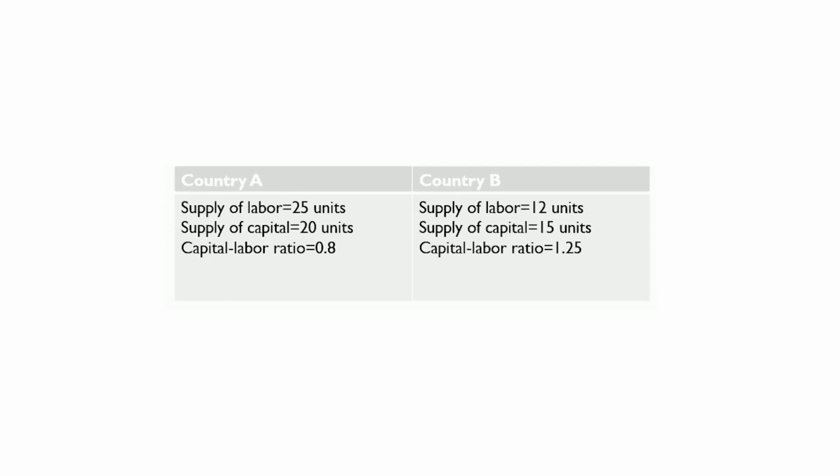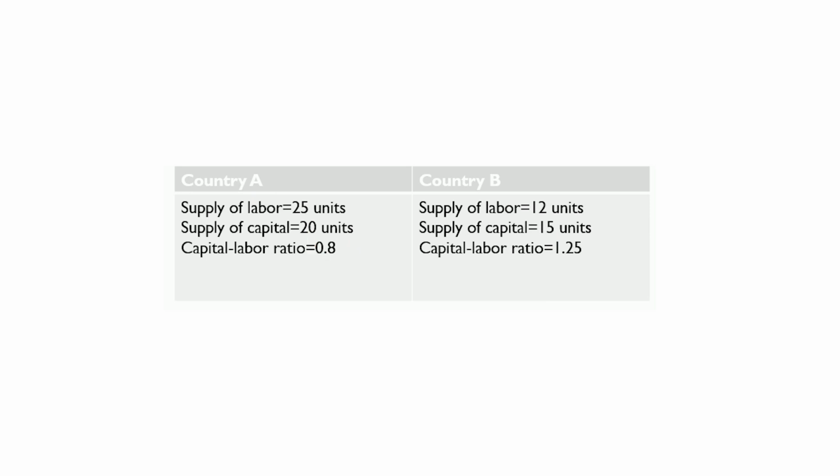So you look at this table, country A and country B. Country A has 25 units of labor and 20 units of capital. And country B has 12 units of labor and 15 units of capital. So, capital by labor ratio. Capital is more in country A, 20 units compared to 15 in country B. So you may think that country A is capital rich or capital abundant.